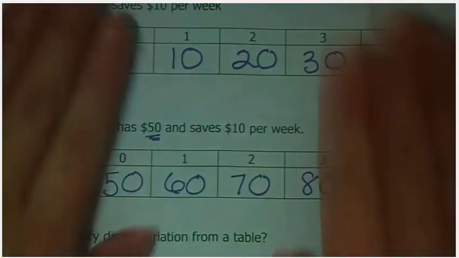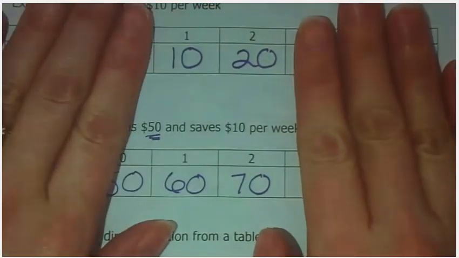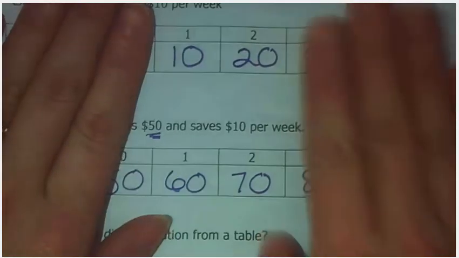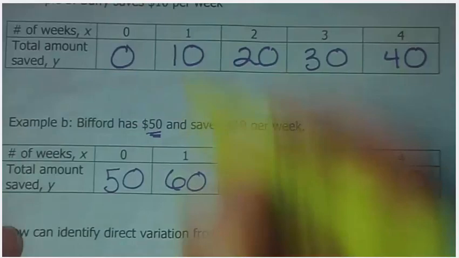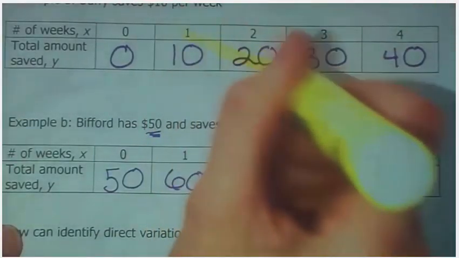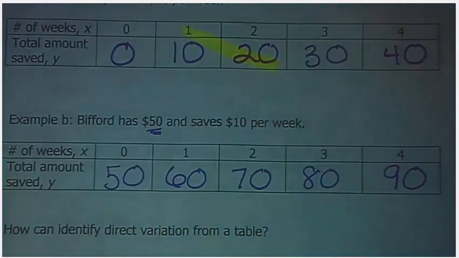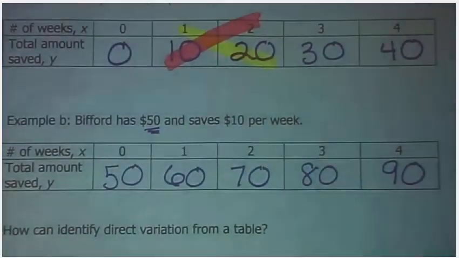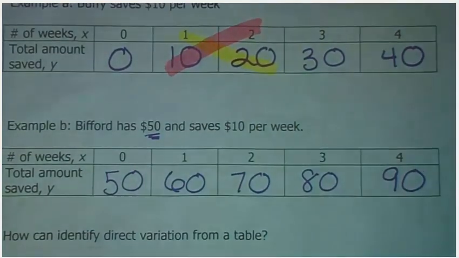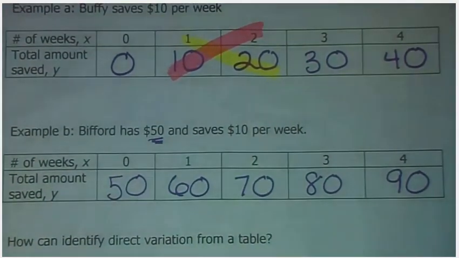So let's just kind of pretend we've got 1/10 and 2/20, and we want to decide if those two are proportional. We could use our cross products. What's 1 times 20? You're right, it's 20. What's 10 times 2? Again, 20. So it appears that Buffy's information represents a proportional relationship.